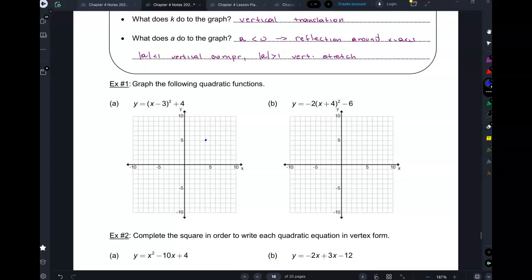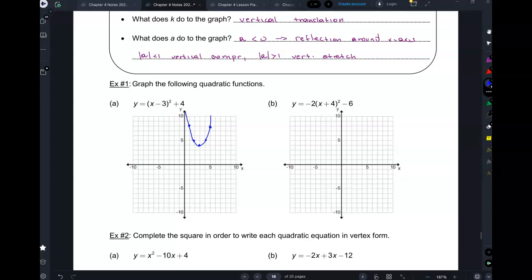If I move from the vertex horizontally 2 units, I go up how much? 4. And then I mirror those on the other side, and there's my cute little parabola, right? Remember, do the vertex, it has to be a curve.